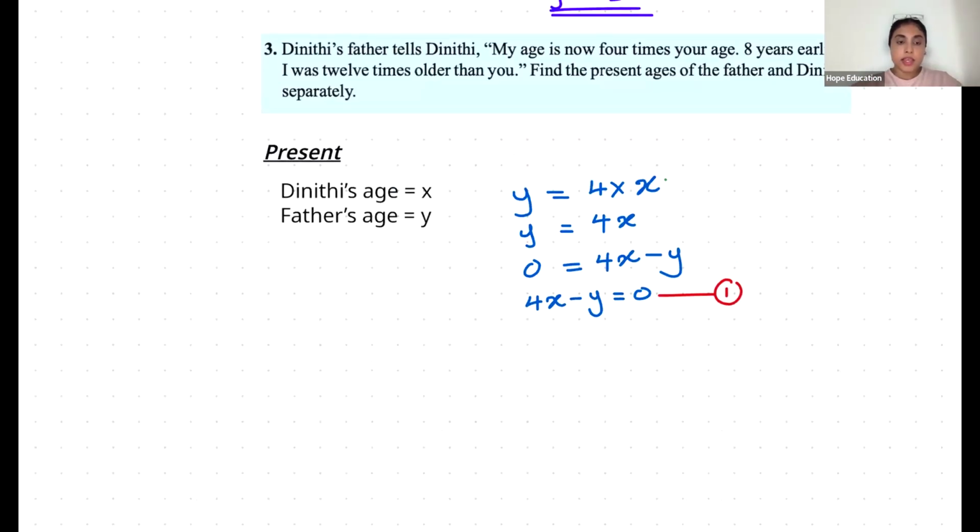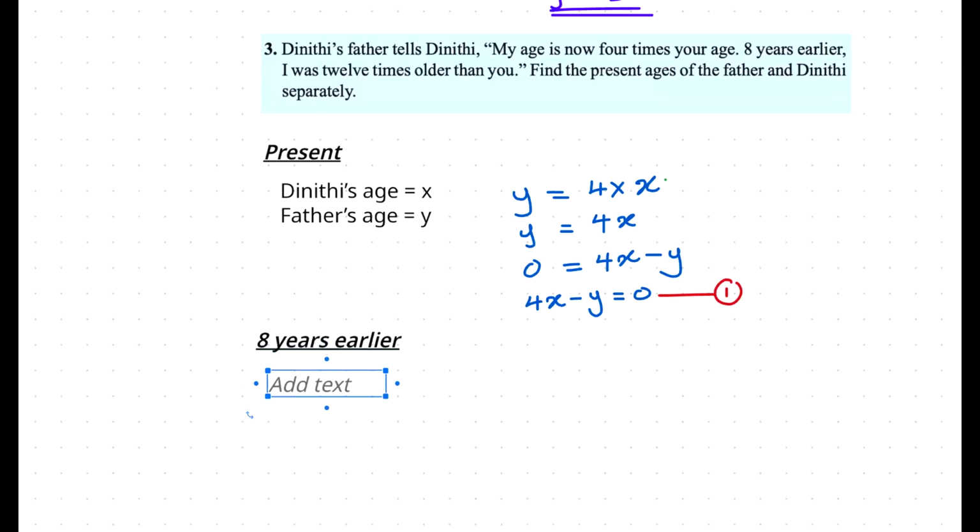Okay. Then the other time period, which is 8 years earlier. Diniti's age now is x. What would be her age 8 years earlier?